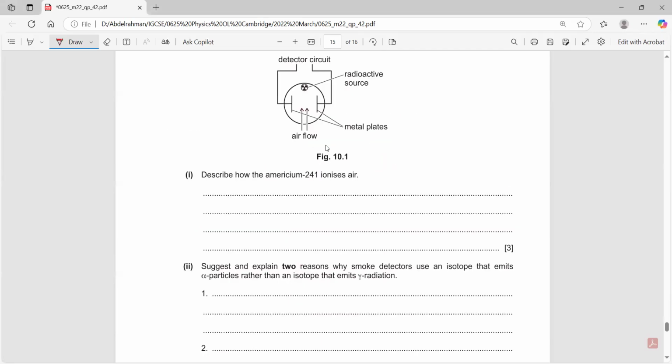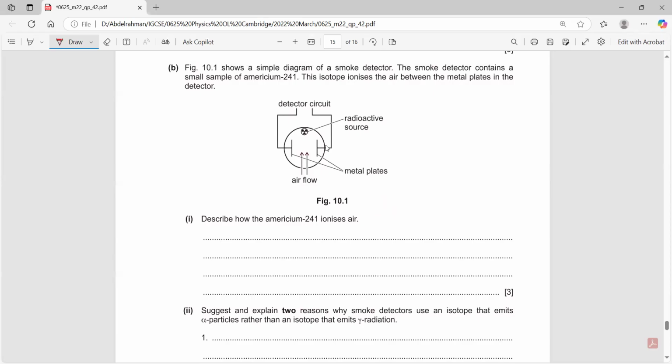Describe how the americium ionizes air. Basically, how does the americium ionize the air? Due to the alpha particles, right? Produces alpha particles as it decays. These alpha particles, what do they do? Yes, they remove electrons. They're positively charged, so they remove electrons from the air molecules.